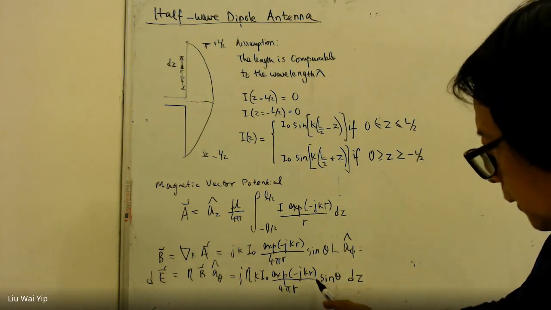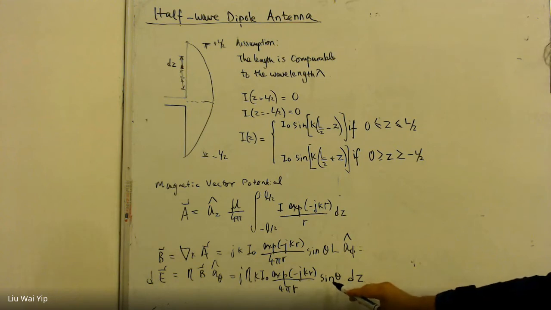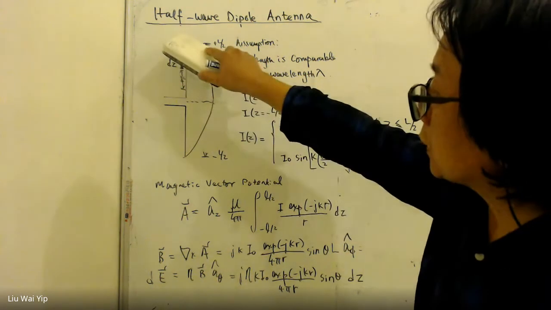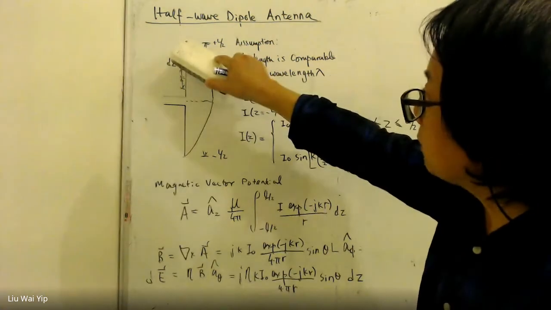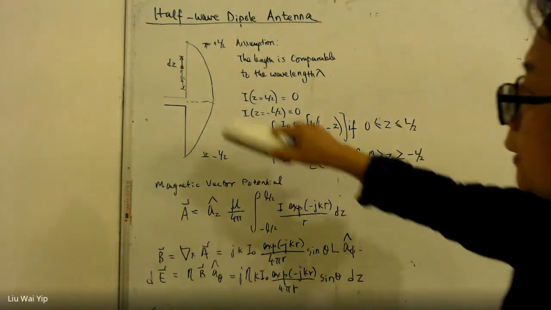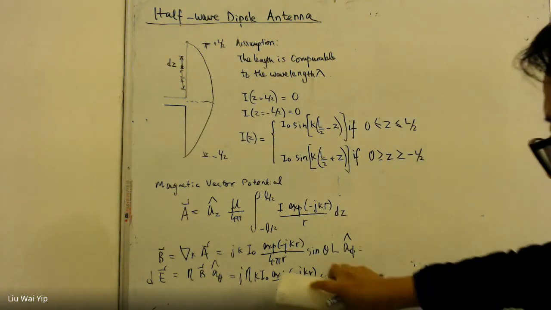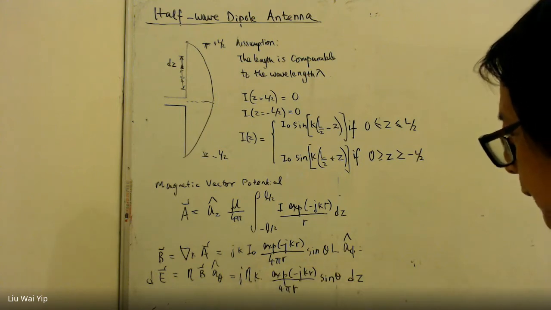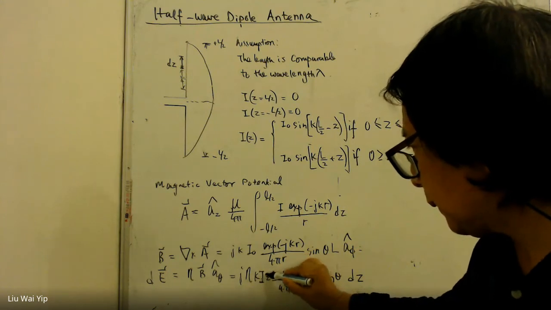The current here is not the same along the body of the antenna. The current at the tip is minimum, while the current at the midpoint is maximum. The current distribution is sinusoidal. So in this case, the current will be replaced with I of z.